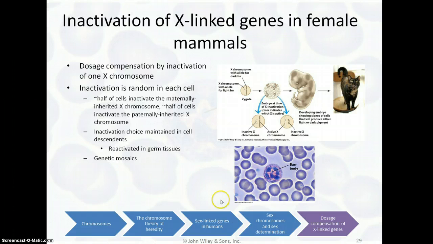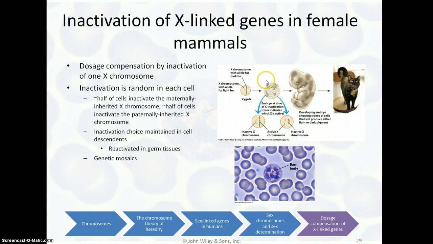Because the X chromosome is inactivated, we end up with genetic mosaics. A great example is coat color in cats, because those genes are carried on the X chromosome. Let's say we have a female cat embryo, and we have an X chromosome here that has the allele for light fur, and this one over here has the allele for dark fur.